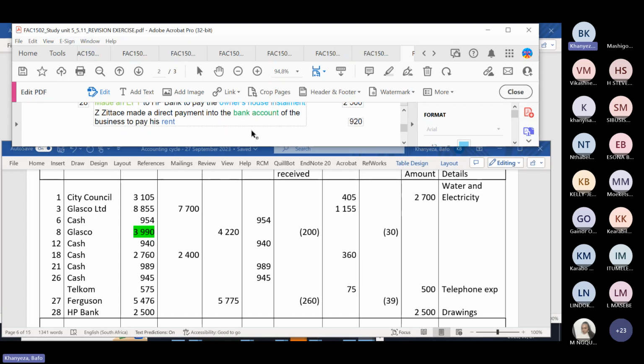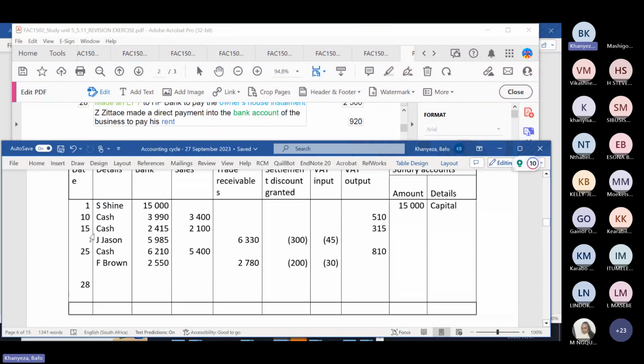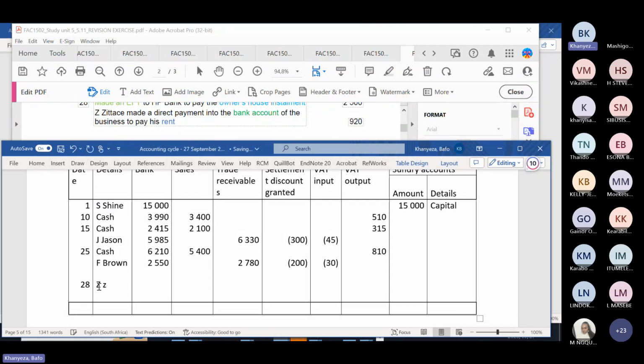So rent has VAT. Is it a cash payment? Once it involves cash, then it's a CPJ. That is details.